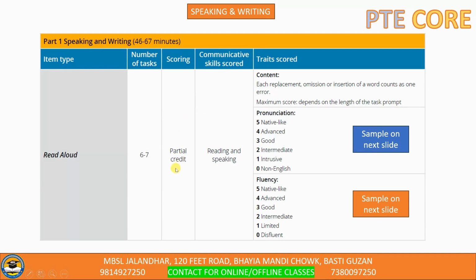The score is partial credit, meaning you will not be given a correct or incorrect score, but partial credit. Partial credit is based on content, pronunciation and fluency. Now, for content, each replacement, omission or insertion of a word counts as 1 error.